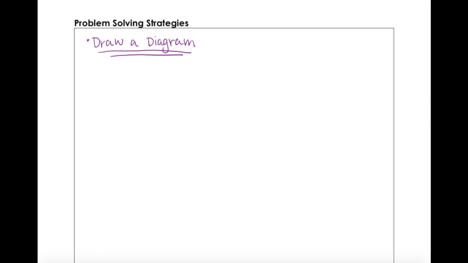Okay, so actually drawing the diagram helps you to visualize the situation, and it also helps to remind you to determine positive and negative direction.